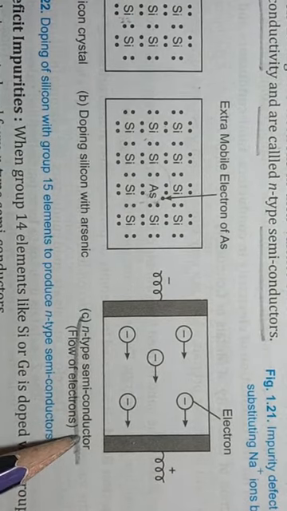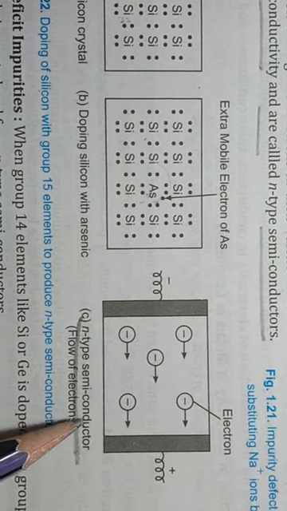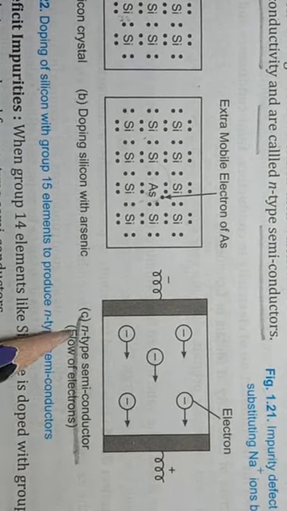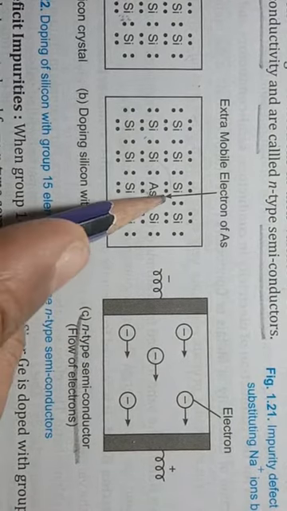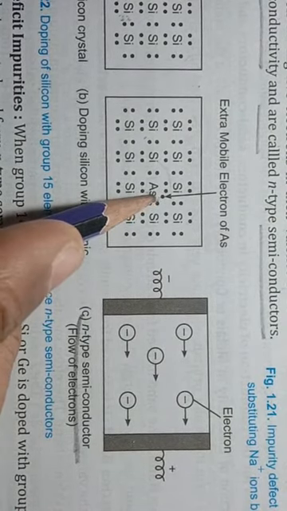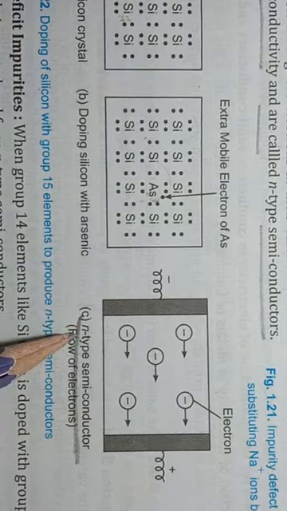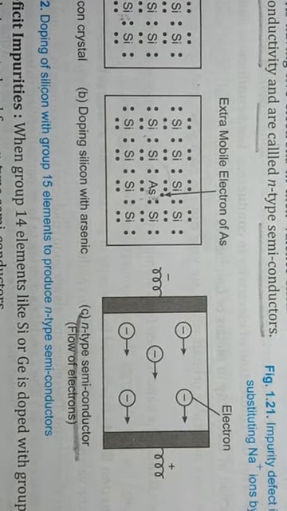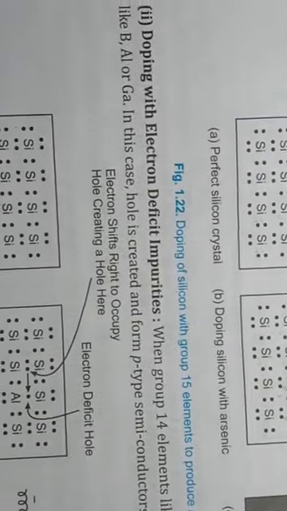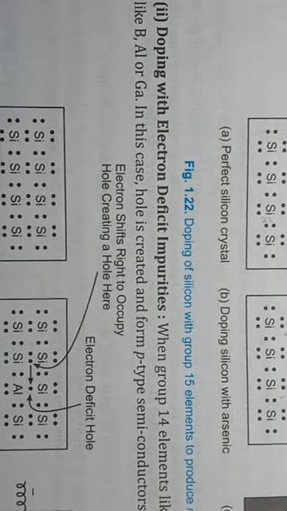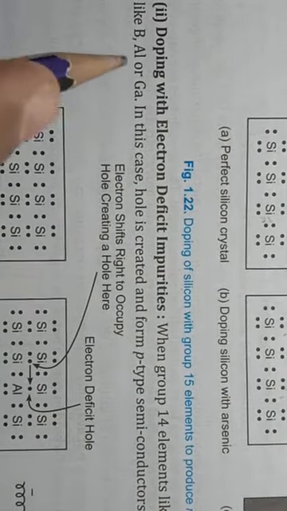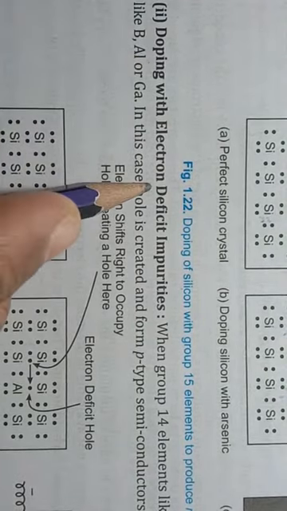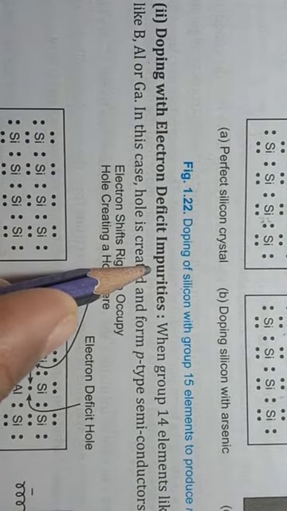So semiconductors in which conductivity is increased due to the presence of extra negative charge in the form of electrons are known as n-type semiconductors. The second way to increase the conductivity is by doping with electron deficit impurities.